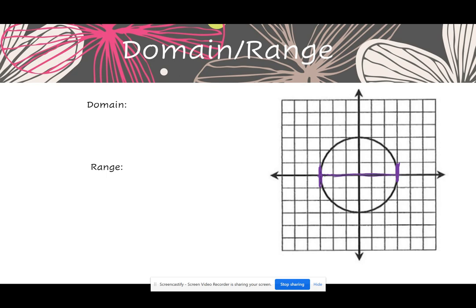So we're going to write our interval notation from -3 to +3. They're both included, so we put them in brackets. Now for up and down, we're starting all the way down here and ending here. So we're also going from -3 to +3, and they are also included, so they are in brackets.